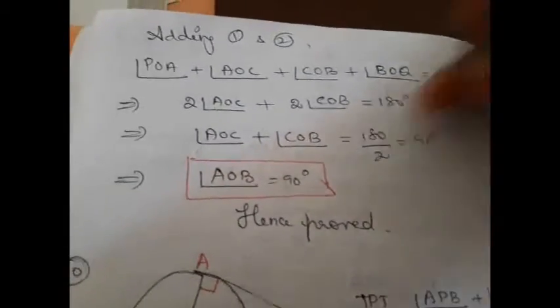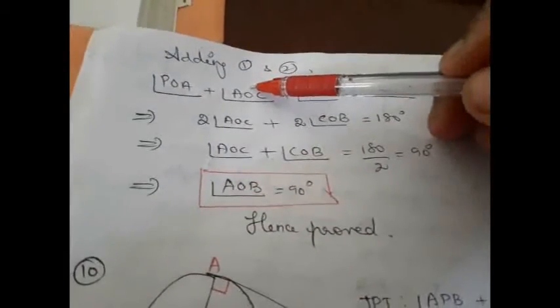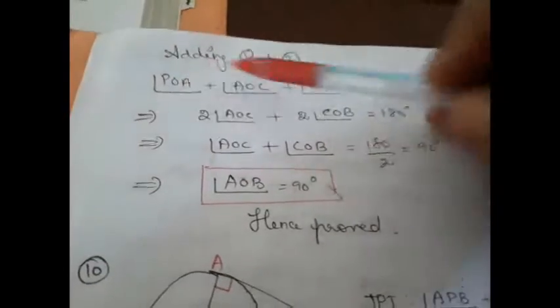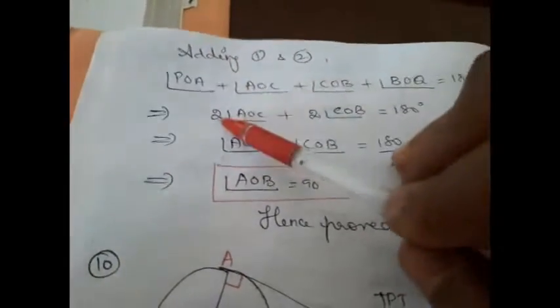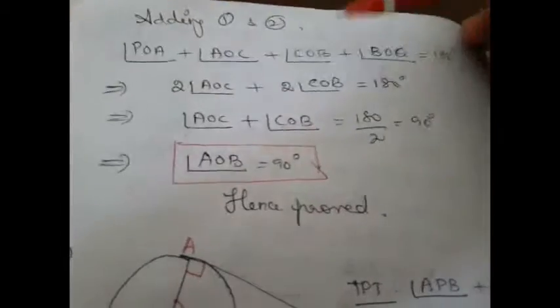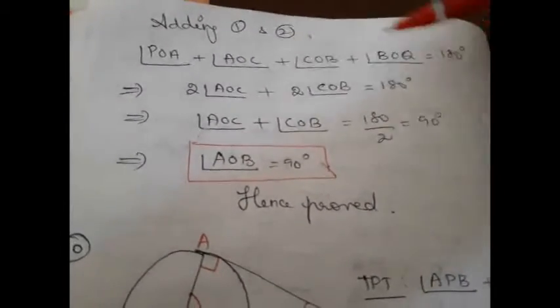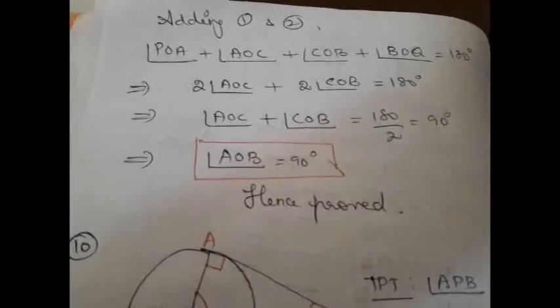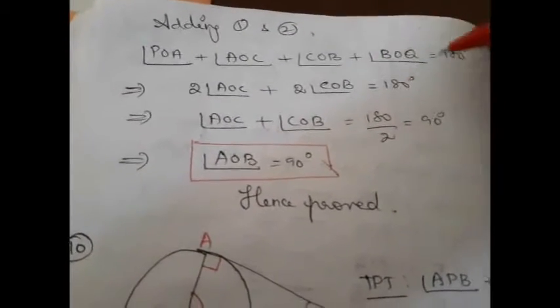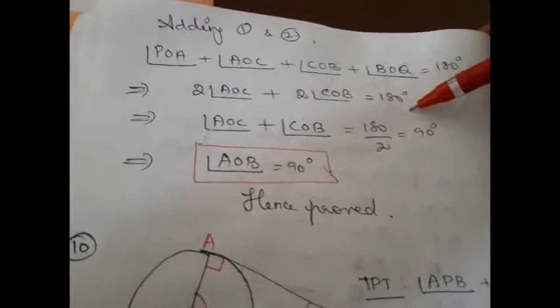We know POA is equal to AOC, so we can replace POA with AOC itself. So I have written 2 times AOC. Similarly, we just told COB is the same as BOQ, so instead of BOQ, I can write COB itself. So twice COB is equal to 180 degrees.